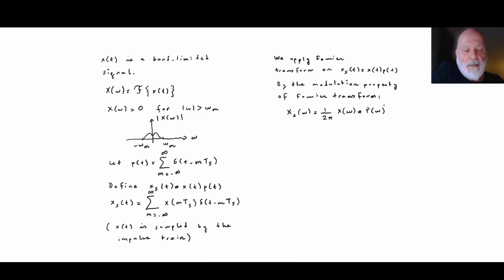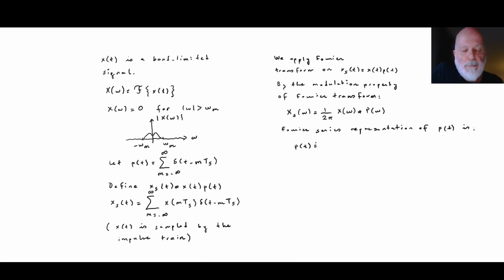Now what is P of omega? P of omega is the Fourier transform of the impulse train. But remember, in order to obtain the Fourier transform of periodic signals, first we obtain the Fourier series representation of the signal, and then we obtain the Fourier transform. So the Fourier series representation of p of t.